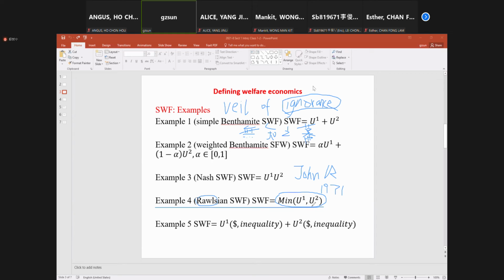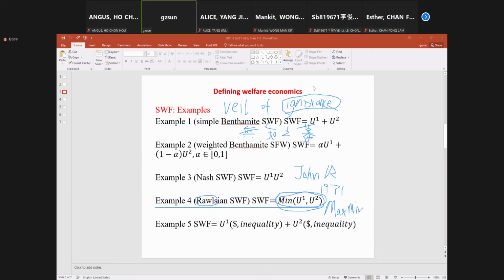That's a big disaster for that person, and also for his or her family. So therefore, let's care about that person. Focus on this person to so-called maximize the minimum. This is the idea. If you look at the literature, sometimes you may find this term. It's very cool. Maximin.